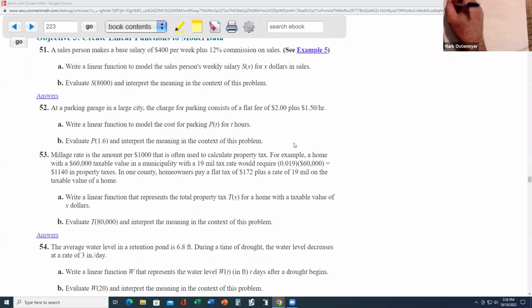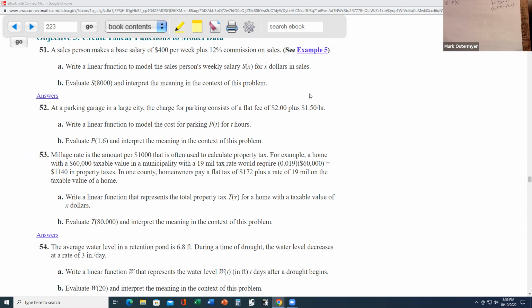So in part A here, they want us to develop a cost function, which is going to be P of T, where P of T is equal to the cost in dollars. T represents time in hours. So our ordered pairs are of the form T, P of T. That's our ordered pairs, which represent the x and y coordinates.